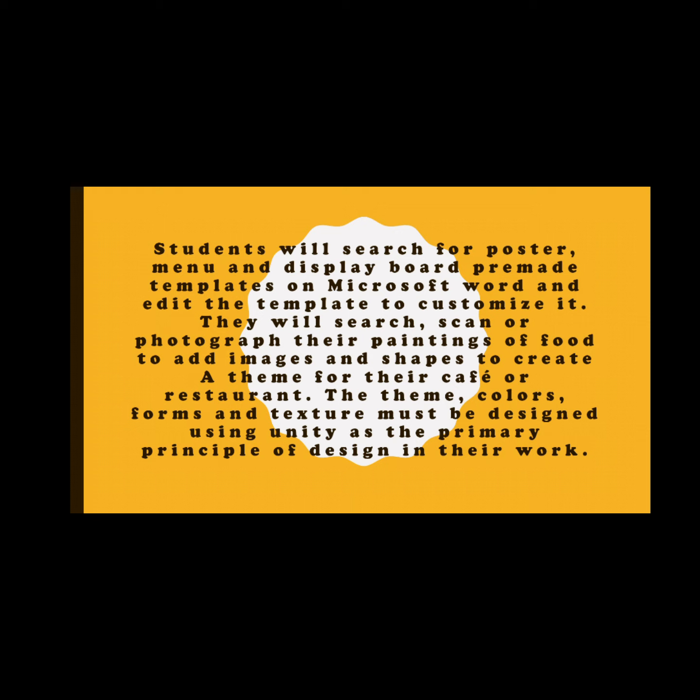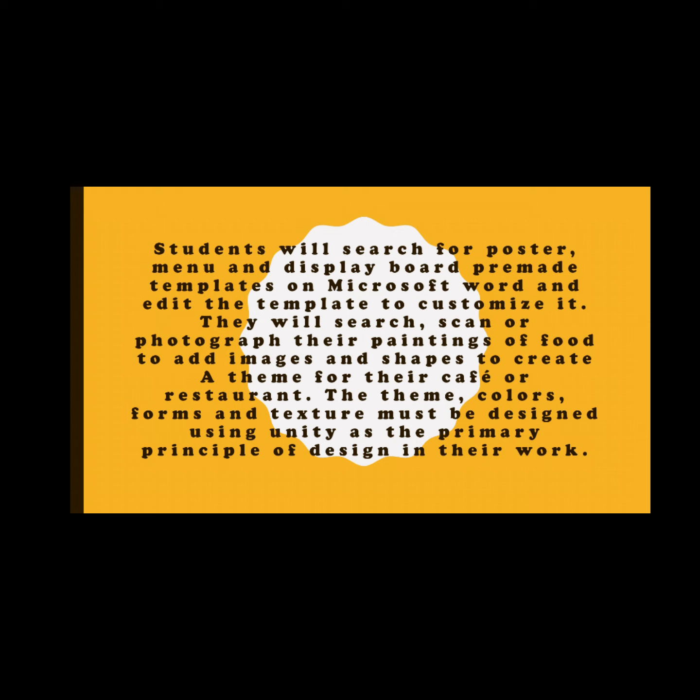You will search for a poster, menu, and display, right? These are three different things. Menu, you've already done. Then you will look up a poster template and create a poster on Microsoft Word as well. Now you will edit the template to customize it.